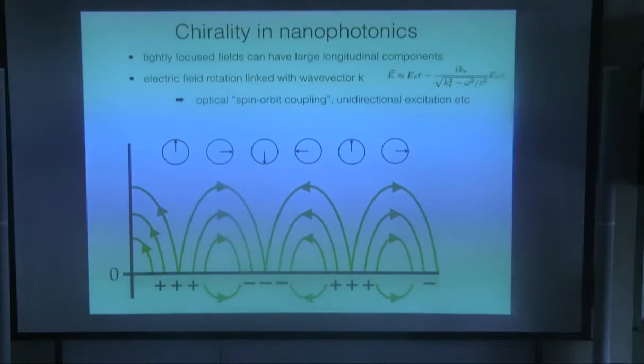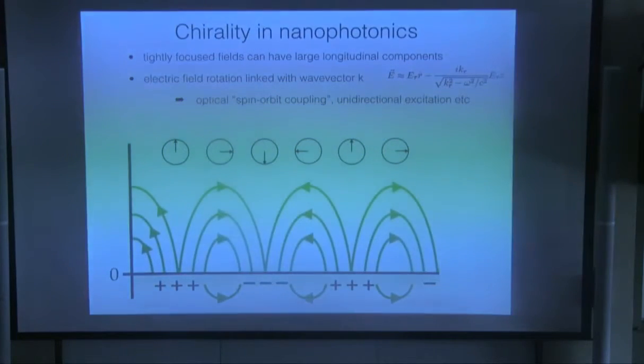These longitudinal components will be 90 degrees out of phase with, for instance, an in-plane component. So what you'll get is an electric field rotation that's linked with the wave vector k. And this is quite easy to visualize in a plasmonic field. If you just look at it as it propagates across the surface, you'll see that it is indeed essentially rotating.